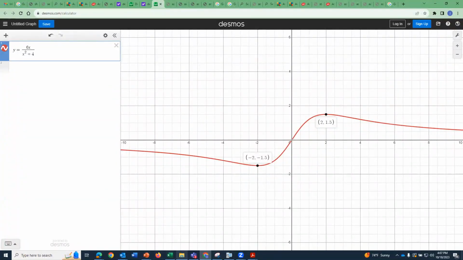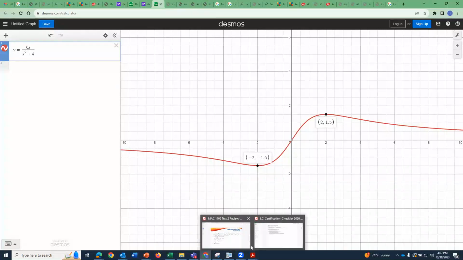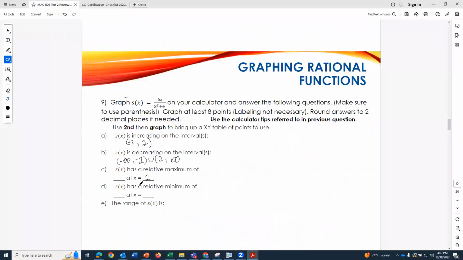It's the opposite for the other one. The maximum was 1.5, and the minimum was -1.5 at x equals -2.